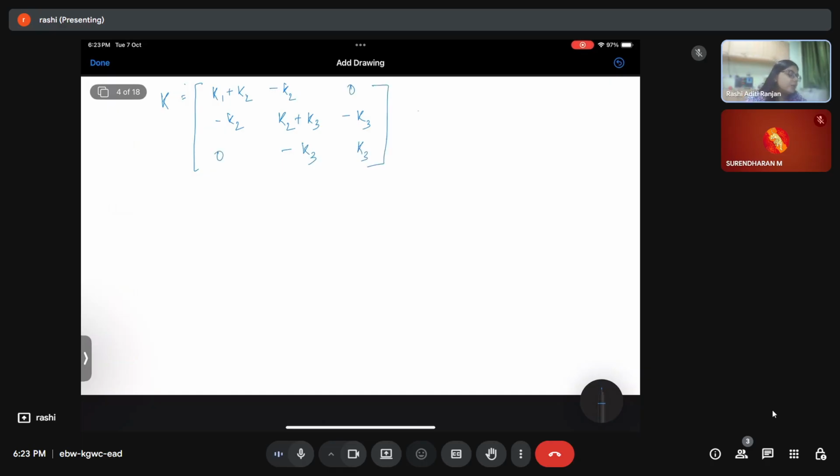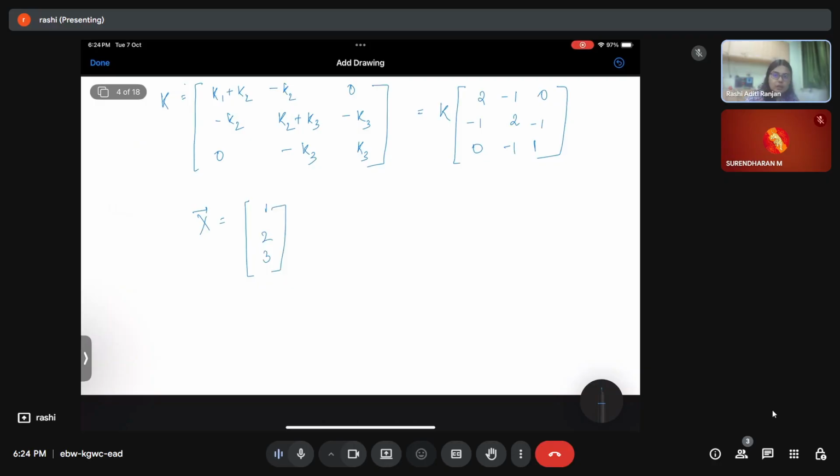Since K1, K2 and K3 are all equal, we can write this finally as K common, with 2 minus 1 0, minus 1 2 minus 1, 0 minus 1 1. This is the stiffness matrix. And lastly, X, which is already given as 1, 2 and 3.